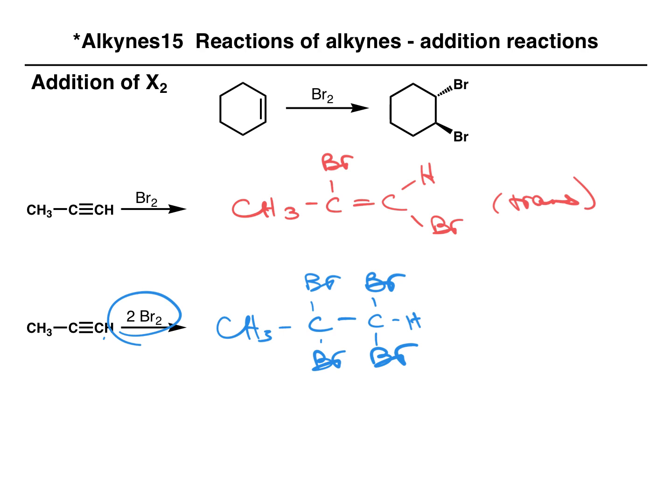For the addition of a halogen to an alkyne, the mechanism is similar to what we saw with addition to an alkene, but not exactly the same. In general, if we add one equivalent, we will get the trans dibromide, and then if we add two equivalents, we end up with the tetrabromide.